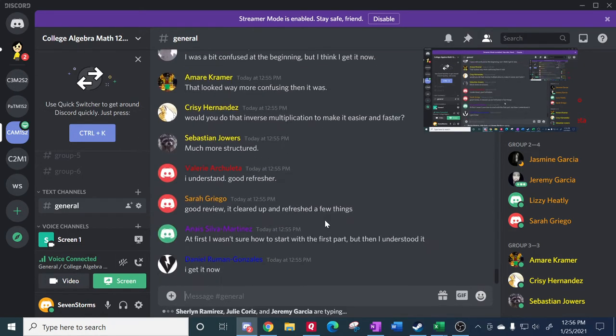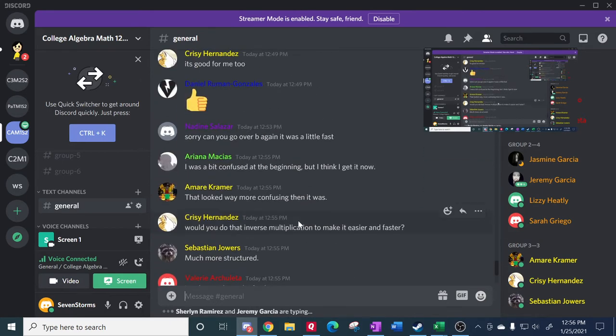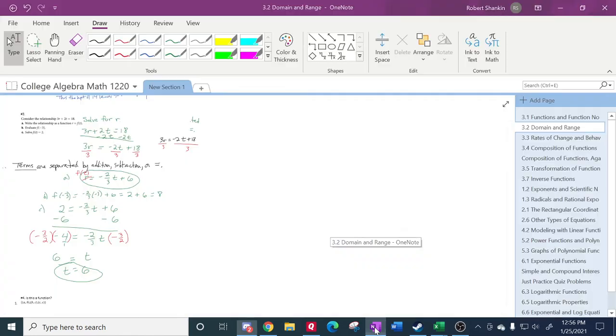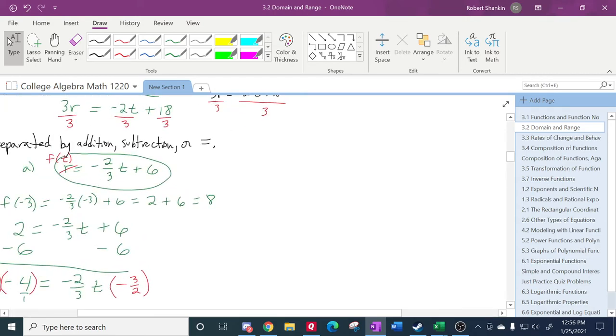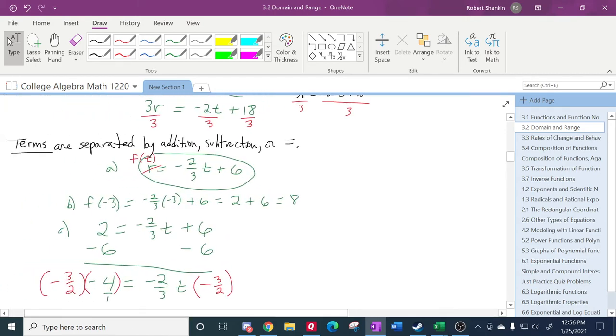Okay, and all right, so part B, request for me to go over that again. F of negative 3. So there's the function, it's just substituting negative 3 in for the t, and we get this.